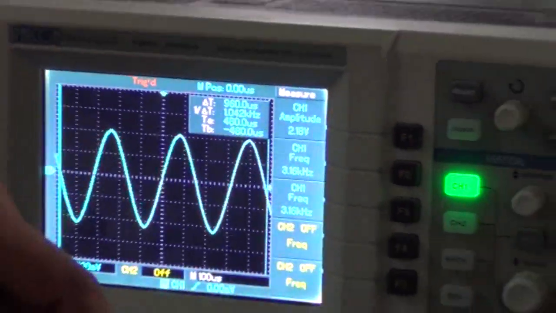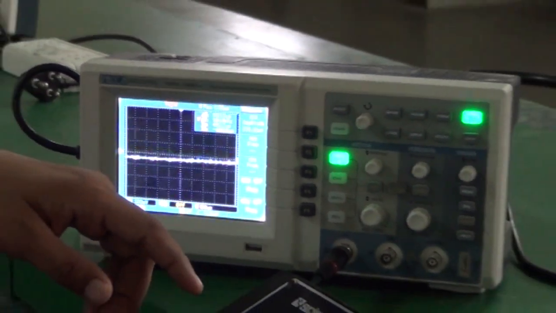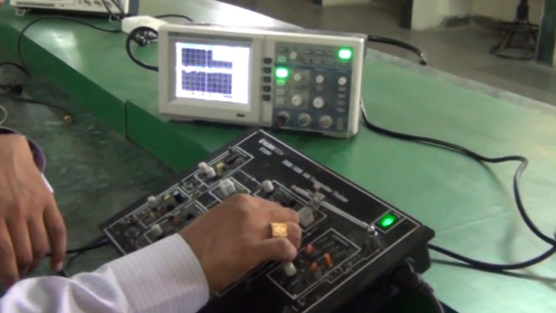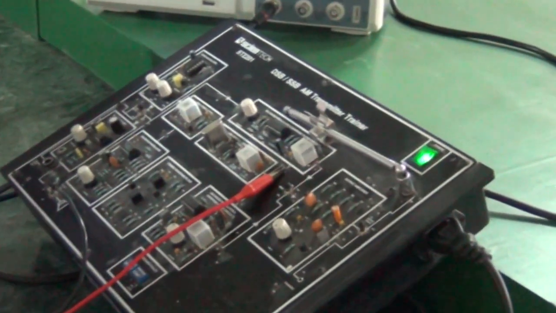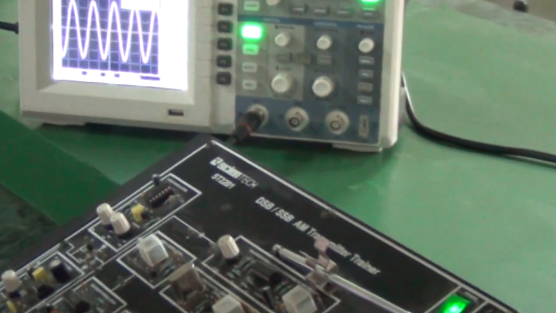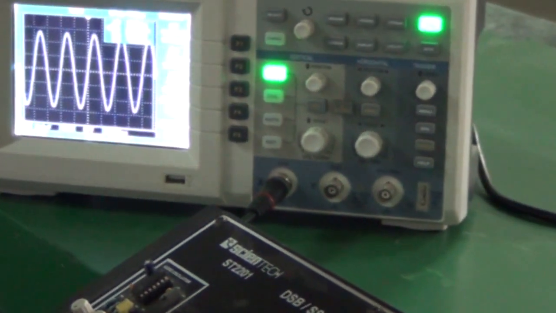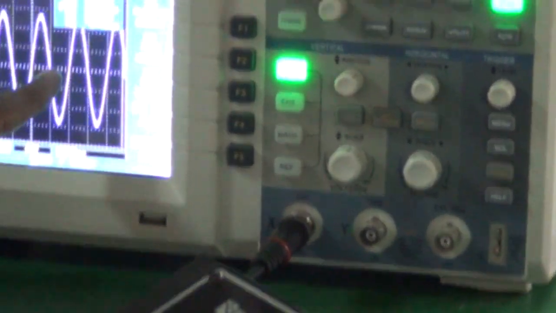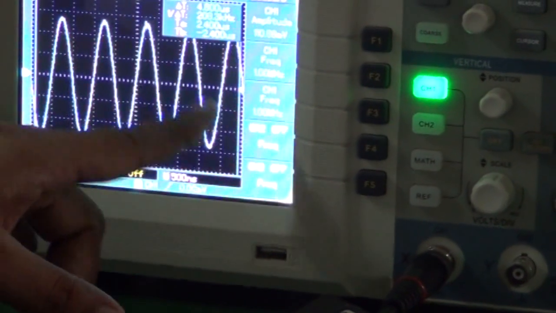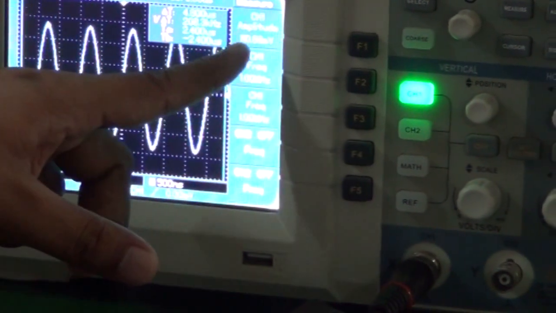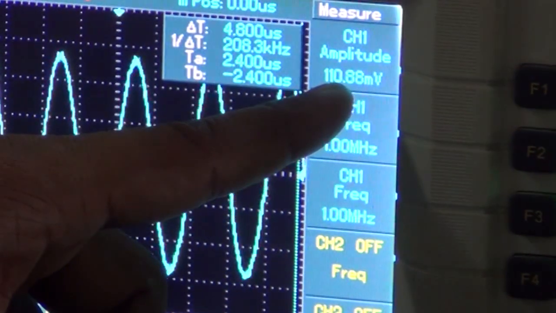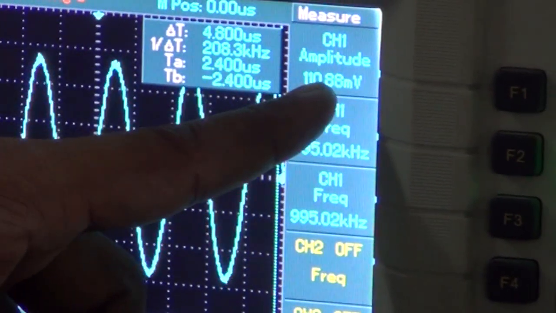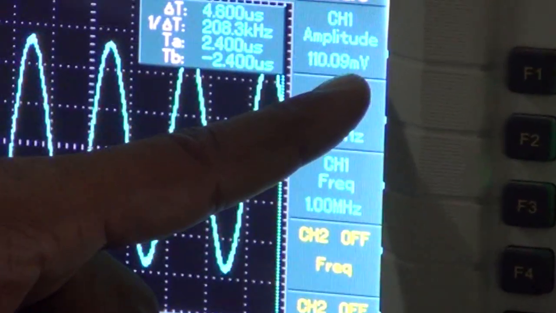The other signal we have is the carrier signal, and we can measure it at this point or node by setting auto mode. It is also a sinusoidal signal with a frequency of 1 megahertz, and the amplitude is 110 millivolt.